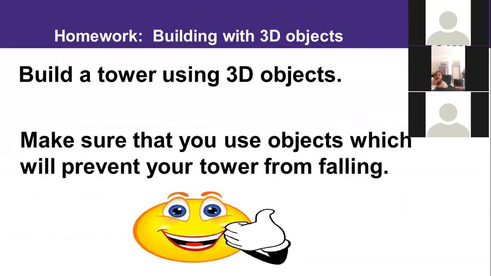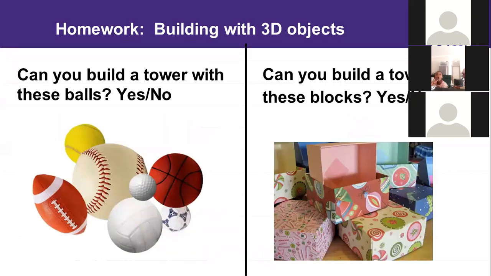Okay, let's quickly go over it. We have seen the different 3D shapes. And then you have seen that certain shapes, we cannot build towers with because of how they are, and others, we can actually build towers with. And we've seen that size also matters. Shape also matters.